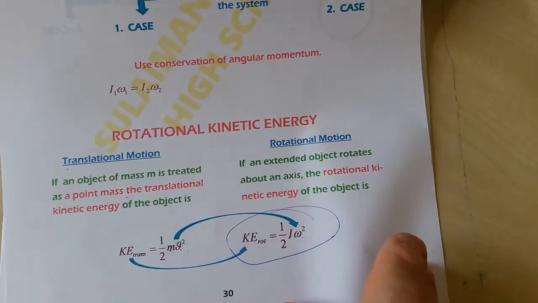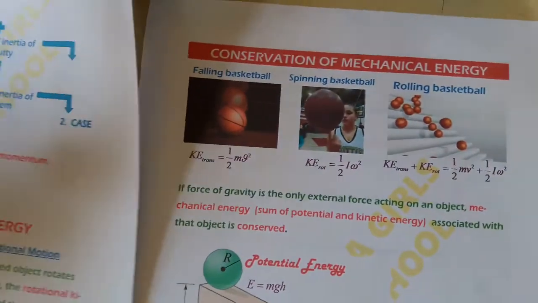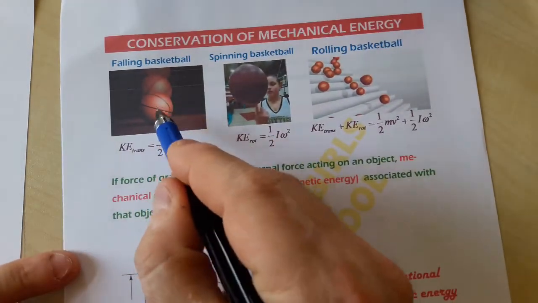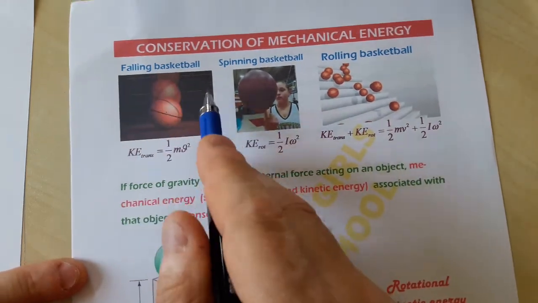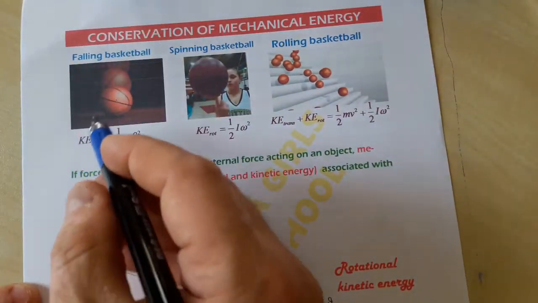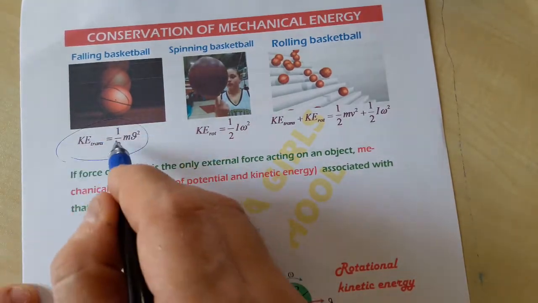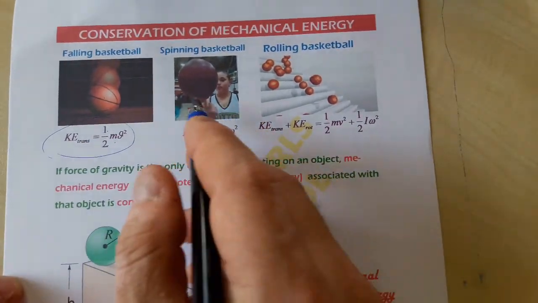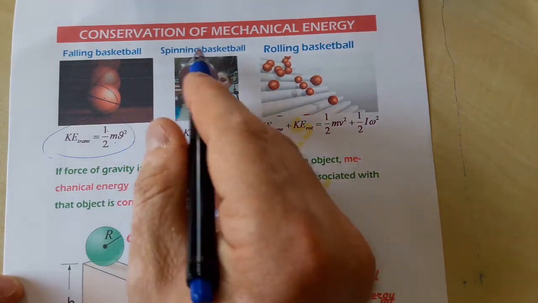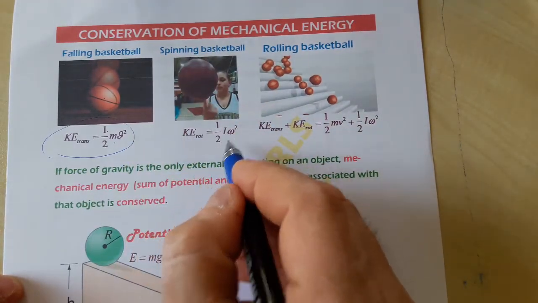Sometimes an object can rotate and spin about its own axis. For example, here is a falling basketball. If it is falling, it's translational motion, so it has a translational kinetic energy of 1/2 m v squared. But if the basketball is spinning about one axis of rotation, it has a rotational kinetic energy of 1/2 I omega squared.